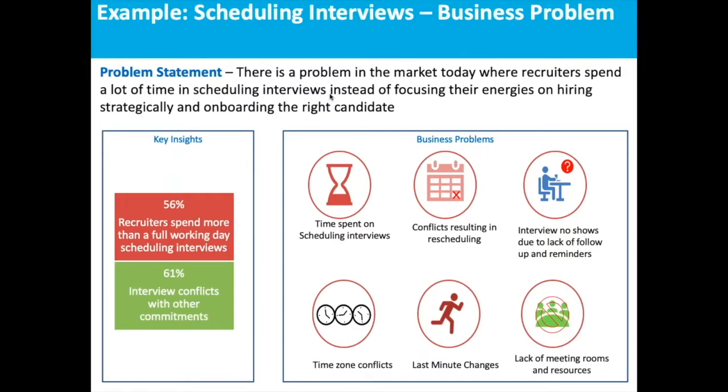So there are six key business problems that are identified. The first one is the amount of time spent on scheduling interviews. The second is conflicts resulting in rescheduling. Candidates do not show up because there wasn't a timely follow-up or a notification. There were time zone conflicts, last-minute changes, and lack of resources such as meeting rooms.